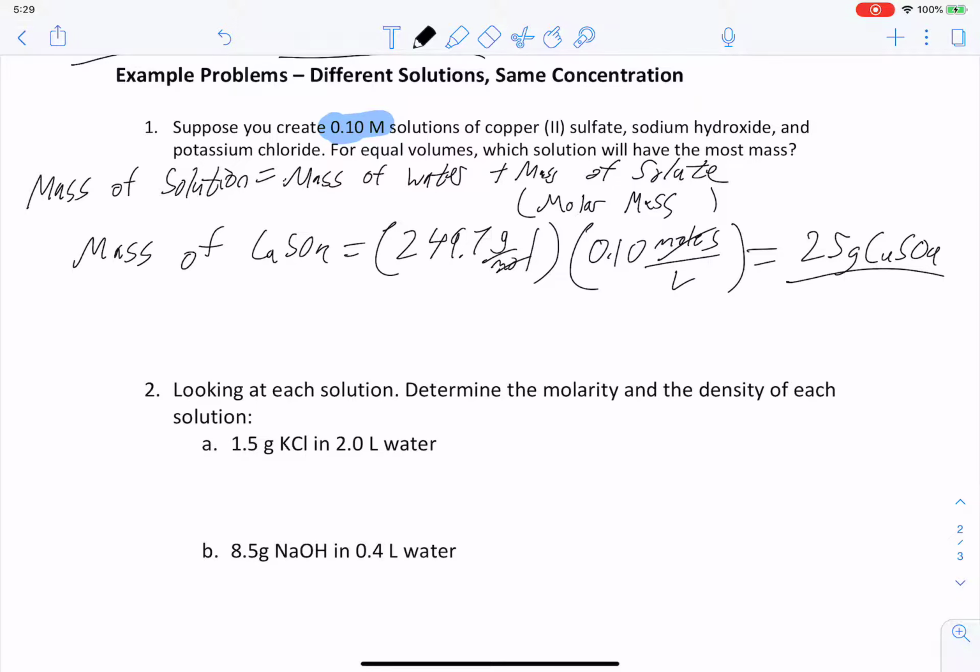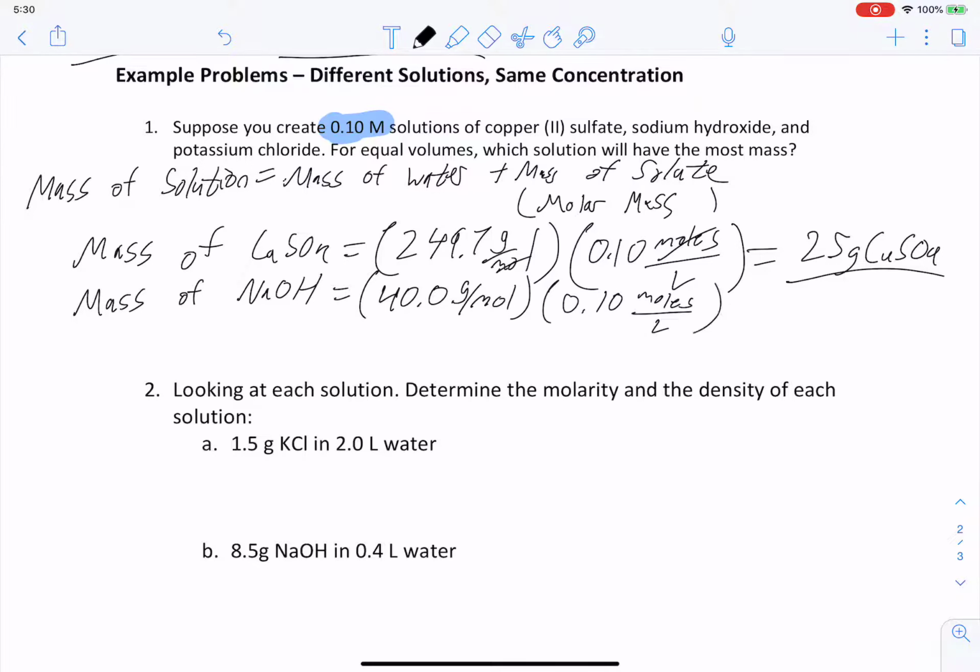The next one is sodium hydroxide. Same thing, find the molar mass for sodium hydroxide, which in this case is 40.0 grams per mole. We take that same number we started with, 0.10 moles per liter. Moles cancel out again, and this time we get 4.0 grams of sodium hydroxide.